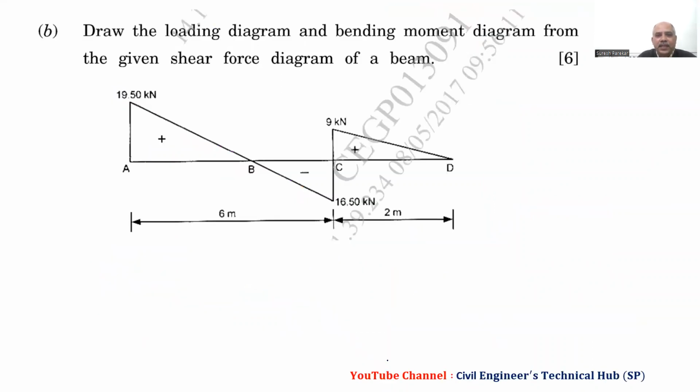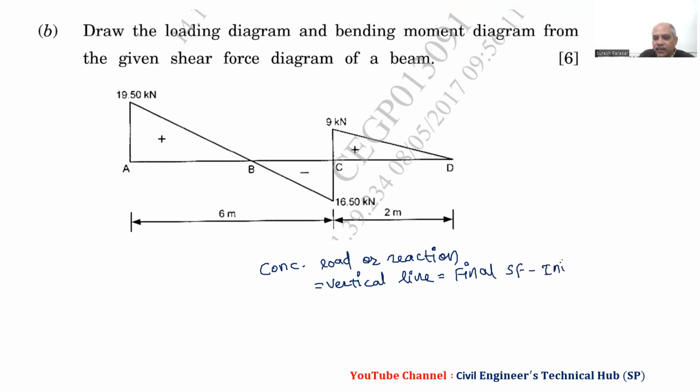Then we have another problem, in this B part, where the SFD is given and we are interested in drawing the loading diagram and bending moment diagram. So now we will go with this. We have to use two formulas over here. If we have a concentrated load or reaction, it means a vertical line in the SFD, and this we can get as the final shear force minus the initial shear force.